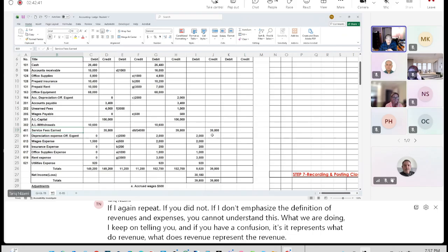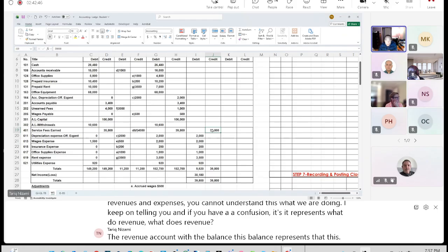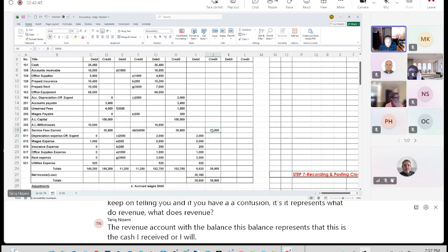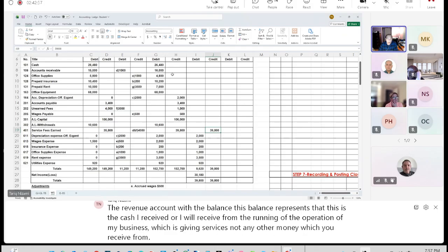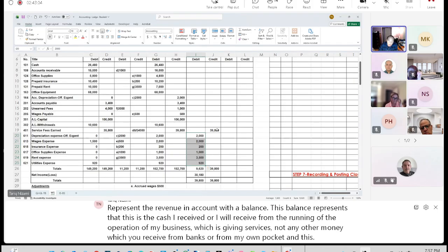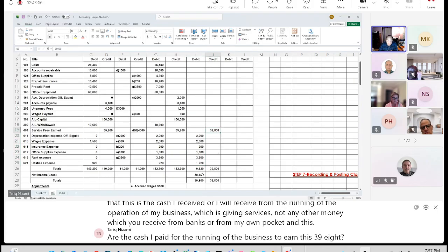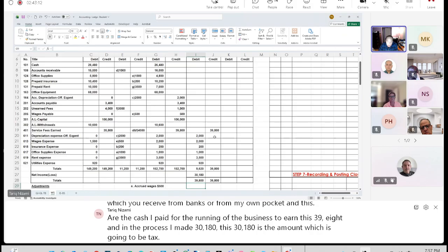The revenue account balance represents the cash I received or will receive from the running of the operation of my business, which is giving services, not any other money from banks or from my own pocket. And expenses are the cash I paid for the running of the business to earn this 39,800, and in the process I made 30,180. This 30,180 is the amount which is going to be taxed, not 39,800.